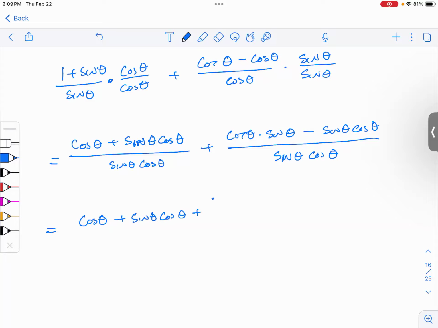And I'm going to see if we can kill two birds with one stone here. Because now I'm multiplying by sine, I think I have some good news. So I'm going to convert that cotangent.